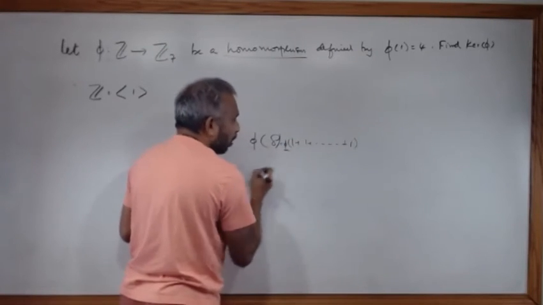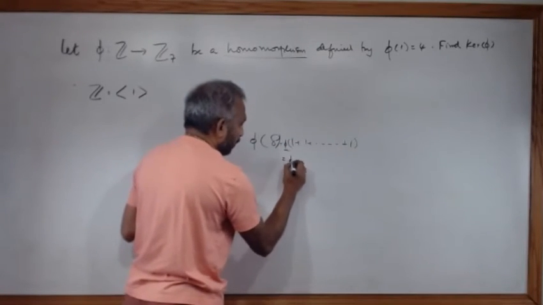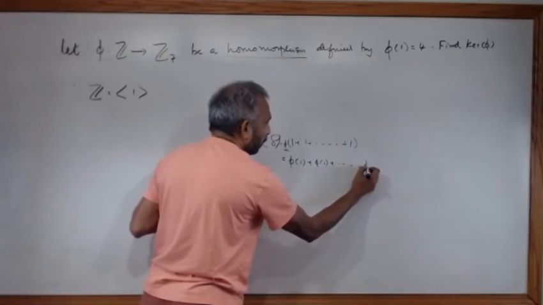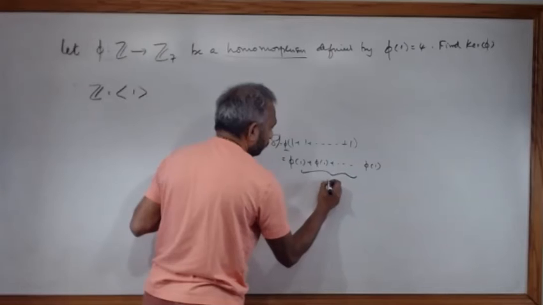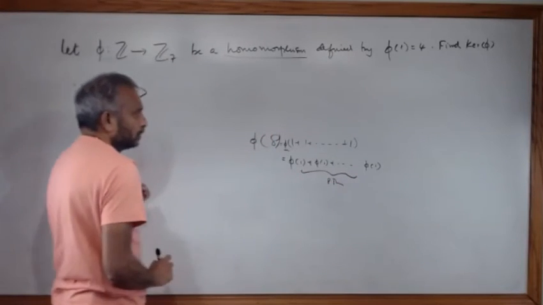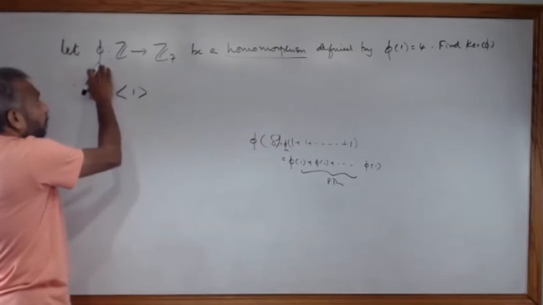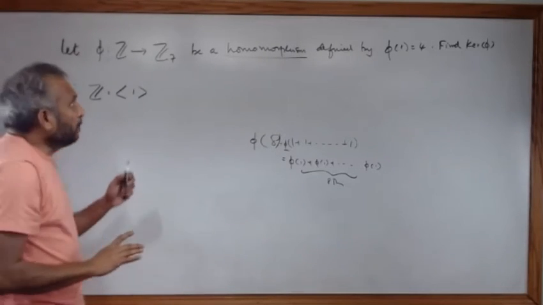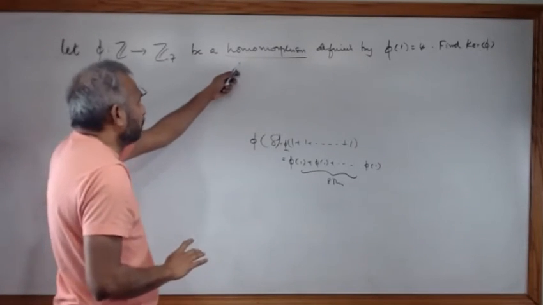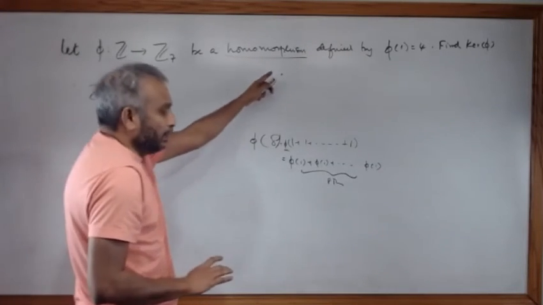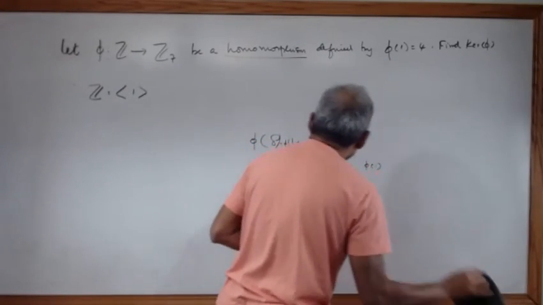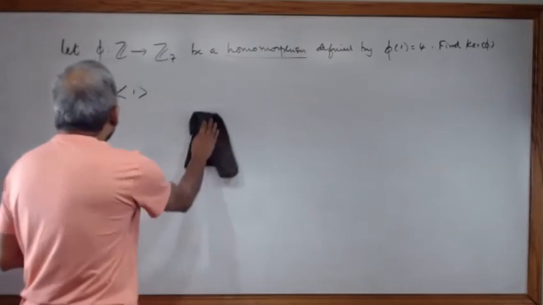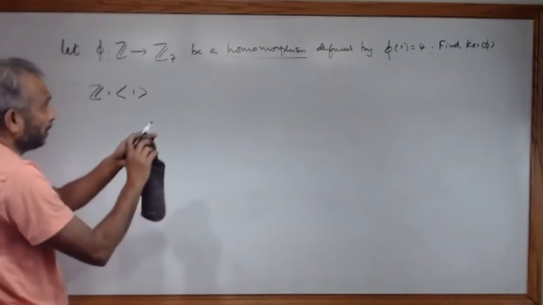And because this is a homomorphism, we can write it as phi of 1 plus phi of 1 plus dash dash phi of 1, 8 times. So it's a valid map. If it is not a homomorphism, this is an invalid map. It is not a function at all. So what we need to do is find out the kernel.